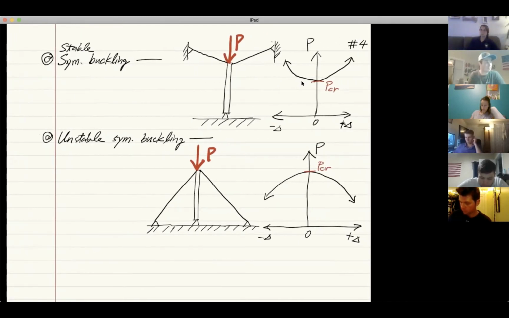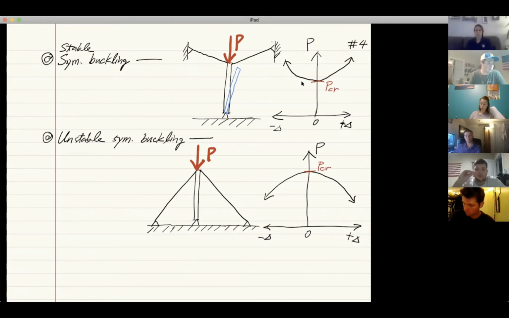Now, how do we know that? It's very simple. If you look at the stable symmetric buckling, when the column buckles, that means the column is going to tilt into one end, and that means the column is going to go maybe something like this. It's going to tilt like this, right? When it buckles.